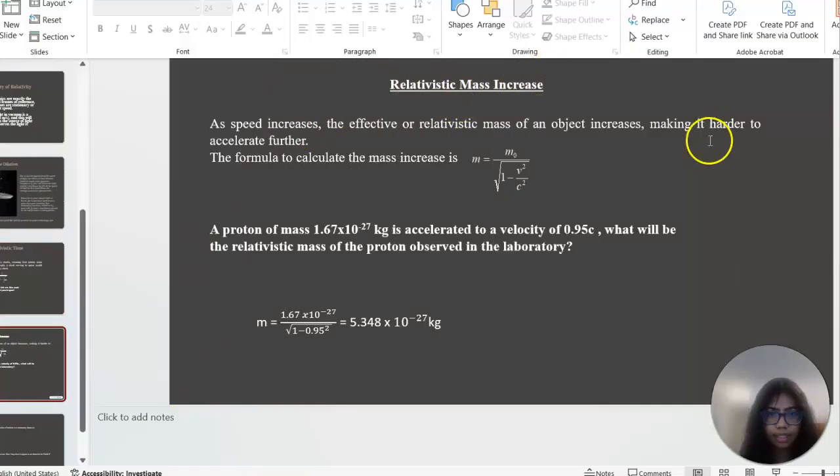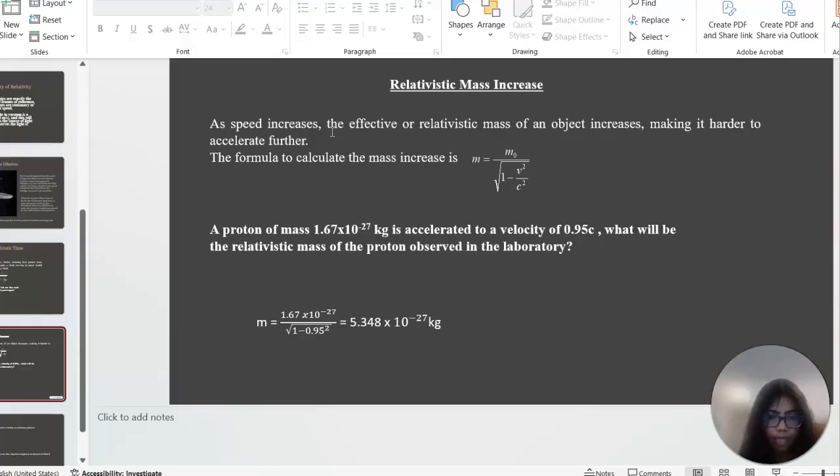Relativistic mass increase. As speed increases, the effective or relativistic mass of an object increases, making it harder to accelerate further. The formula to calculate the mass increase is m equals m0 over square root of 1 minus v squared over c squared.